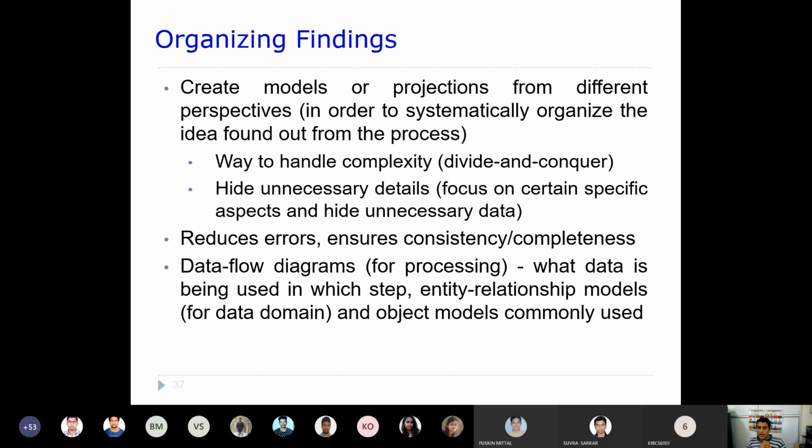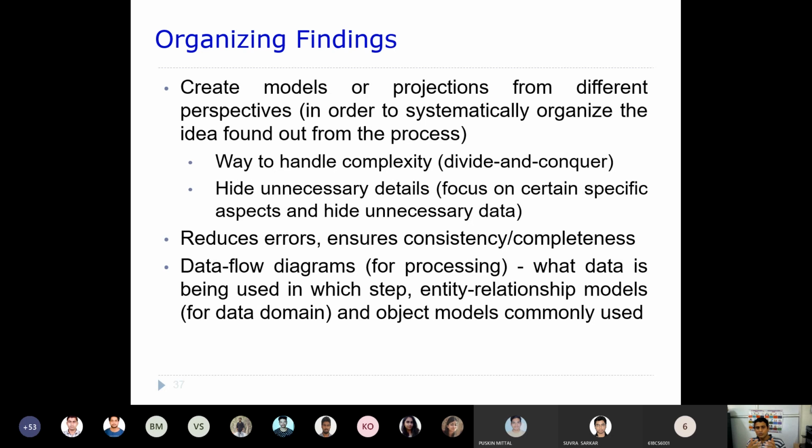If any unnecessary details are there, you need to hide them, because that will create confusion many times. Whatever required information needs to be put on, and whatever is not really required should be hidden. This reduces errors and ensures consistency and completeness.